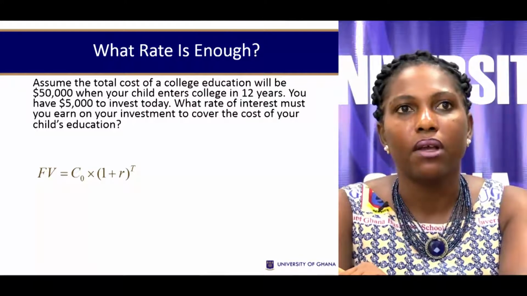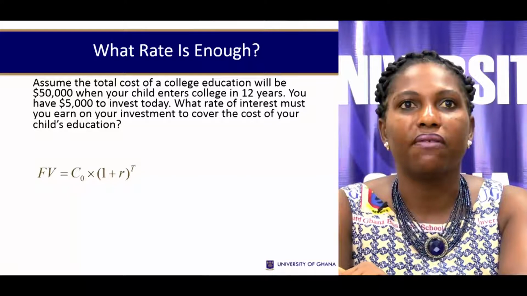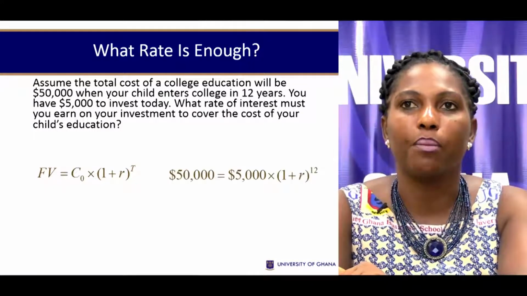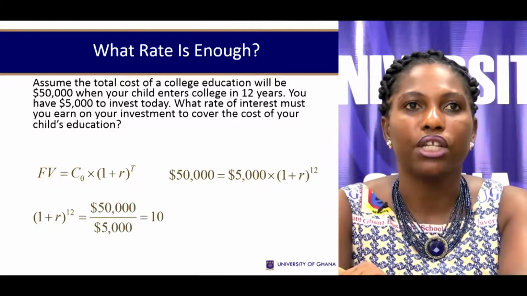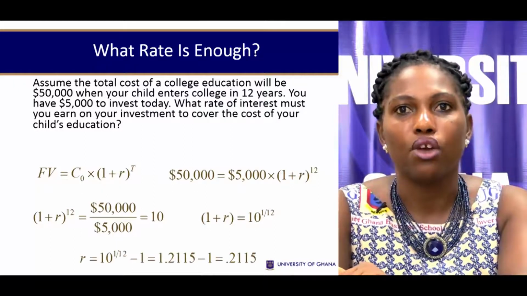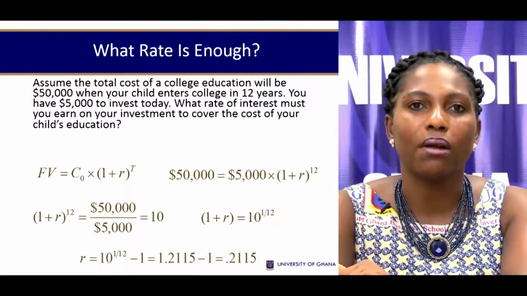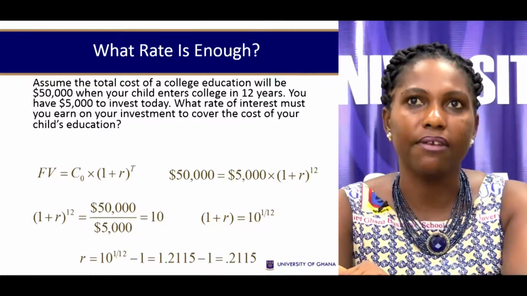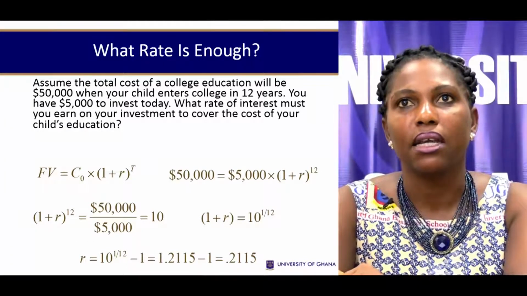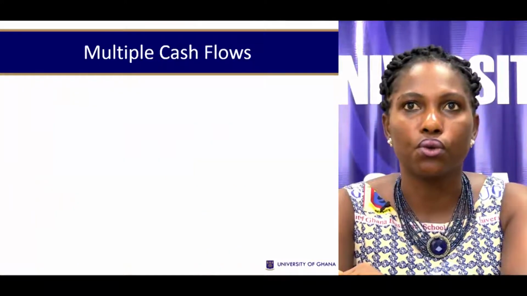Using the same future value formula, you fill in the relevant values and then you solve for your r. So all that requires is your basic algebra to do your change of subject, making r the subject, and at the end of the day, what you have is that you need to earn at least 21.15% if your 5,000 is to grow to 50,000 in 12 years to ensure that you send your child to school.